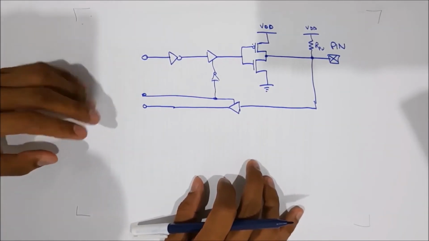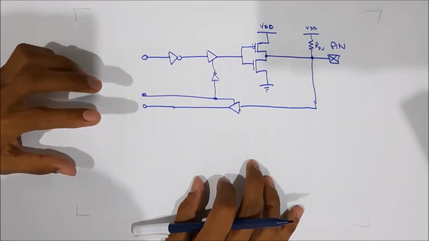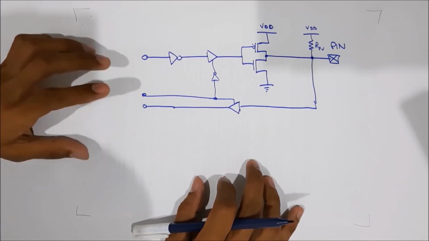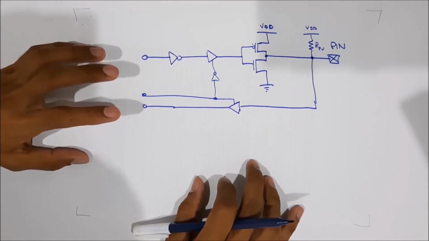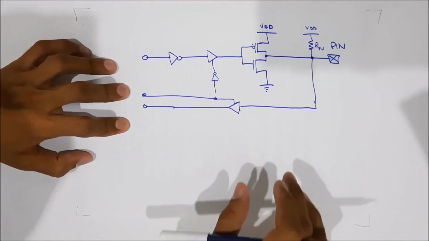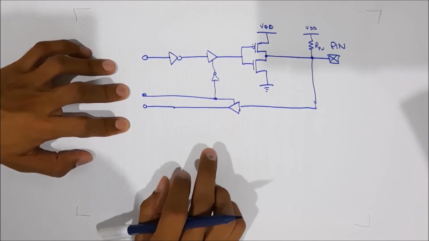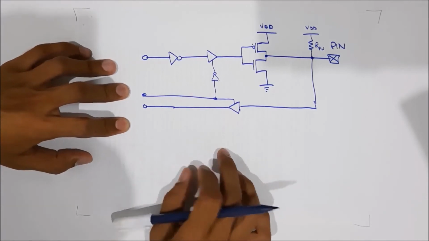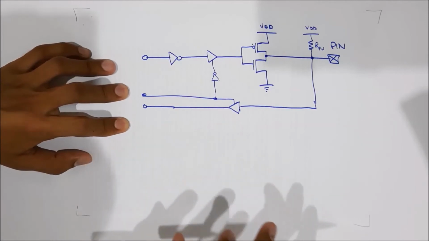You will find many different variants of this circuit, and many more complicated variants of this port, in data sheets or in books. To be honest, this is not the exact circuitry that is implemented inside the PIC microcontroller, but this is just the basic diagram to give you an idea how the port works.